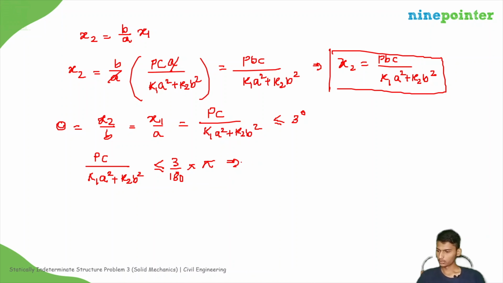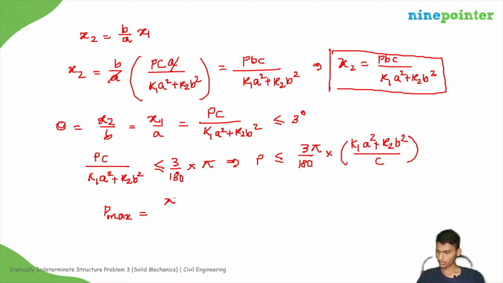So P will be less than or equal to 3 pi by 180 into K1 A square plus K2 B square divided by C. So P max will be equal to pi by 60 into K1 A square plus K2 B square divided by C.